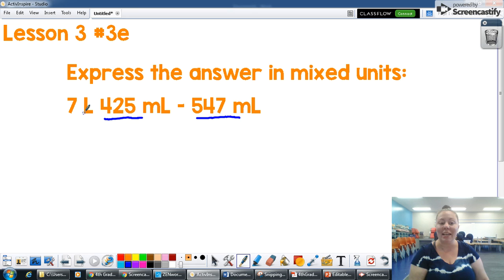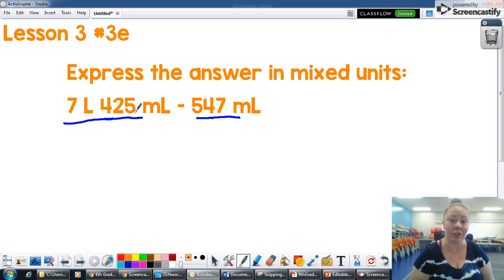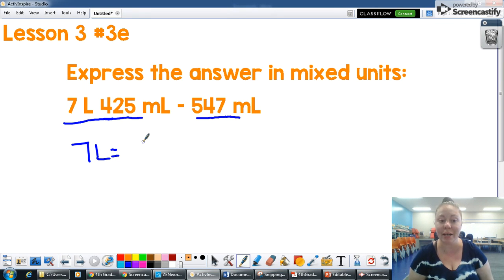So I'm going to go ahead and turn this whole number, 7 liters, 425 milliliters, into milliliters so I can subtract. So I know that 7 liters equals 7,000 milliliters because there are 1,000 milliliters in every liter. Plus I have the 425 milliliters that it already listed.